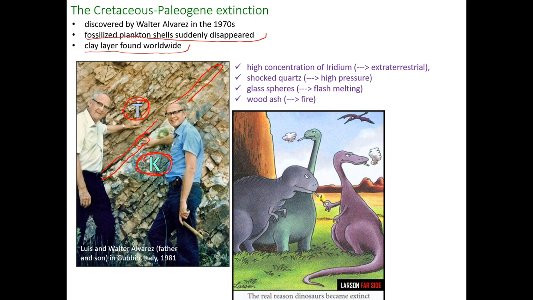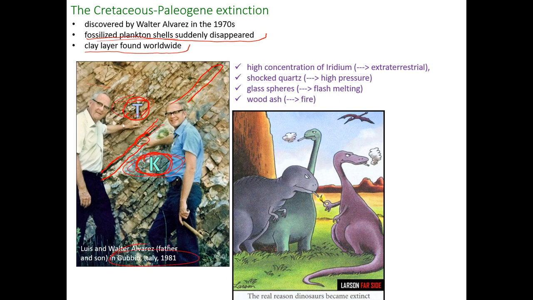Everywhere you find the KT boundary, you find this ashy clay layer. You see the end of fossil plankton, but also the end of dinosaurs and a lot of different species that were around in the Cretaceous layers, but not in the Tertiary layers. So you see a mass extinction occur between these two layers.